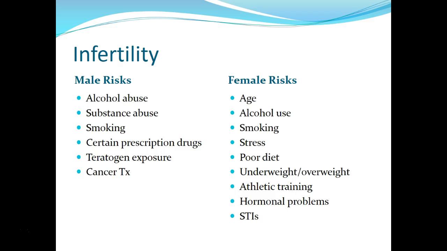People who have tons of athletic training, and that relates back to not having quite enough body fat and hormones being sort of out of whack from what a normal female's hormones would be. So these people probably don't ovulate. And then sexually transmitted infections also can make someone infertile.